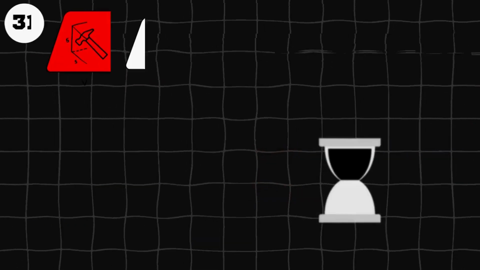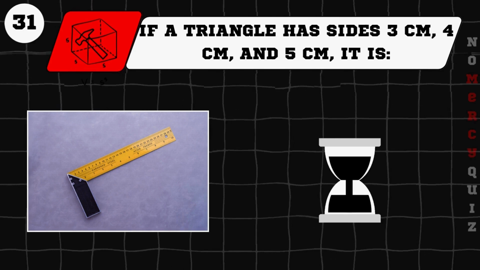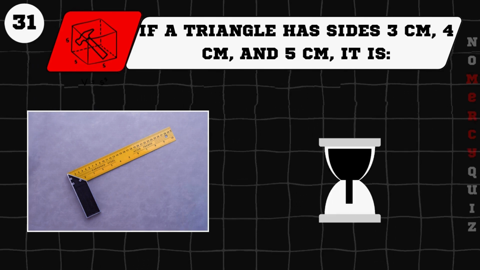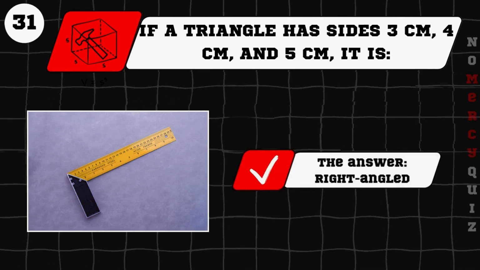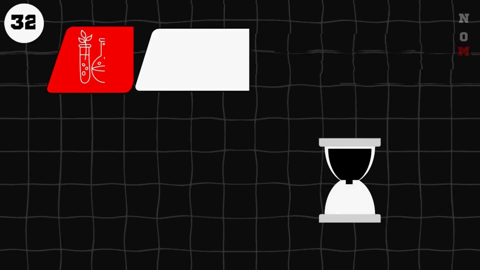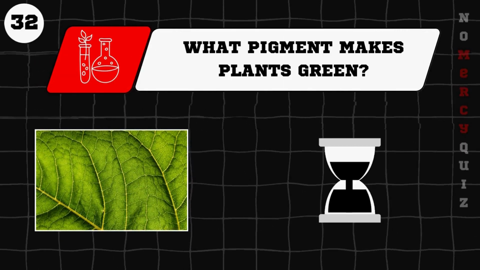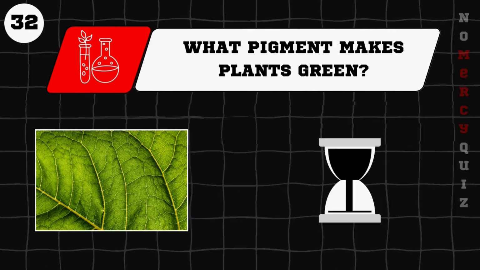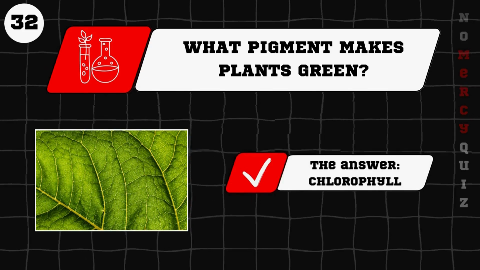100°C. If a triangle has sides 3 cm, 4 cm, and 5 cm, it is right-angled. What pigment makes plants green? The chlorophyll.